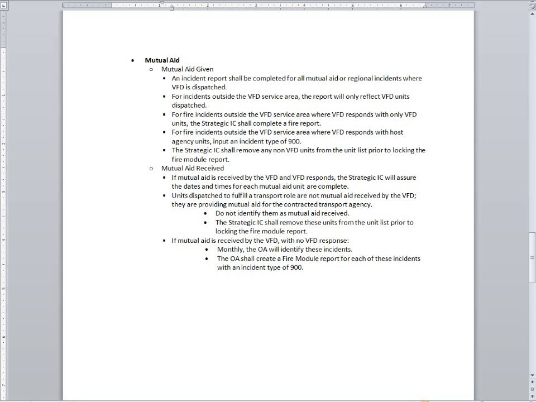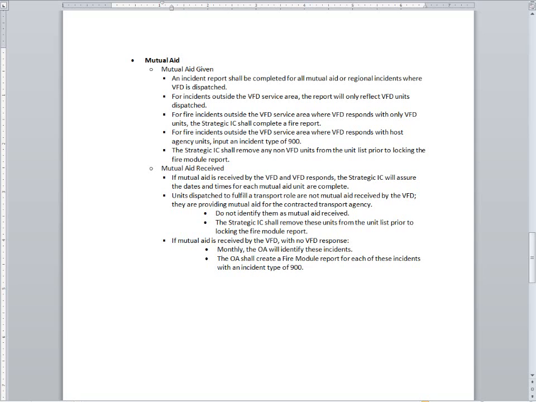It's only relevant to our geographic area. So the incident type for mutual aid given, when the host agency has units there, is a 900. If there are no host agency units there, then we need to complete an entire fire module report.